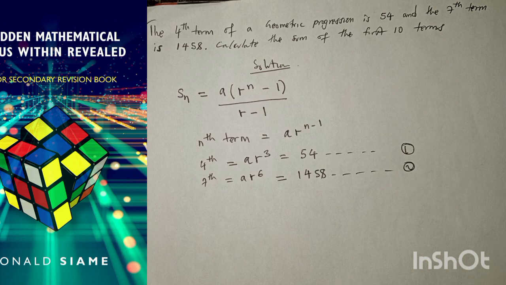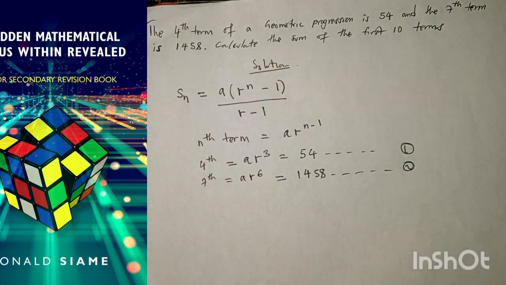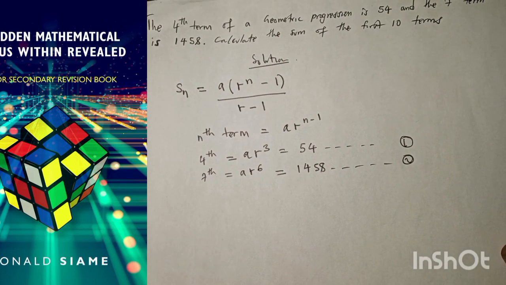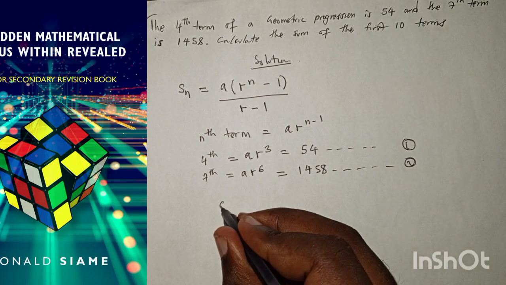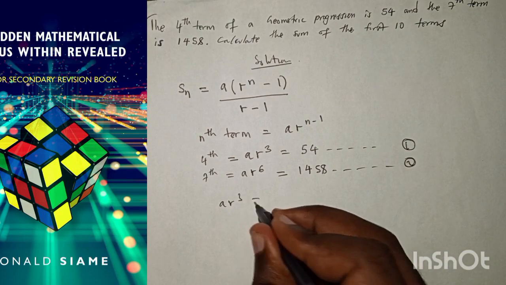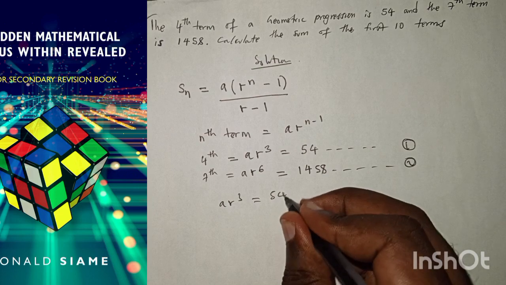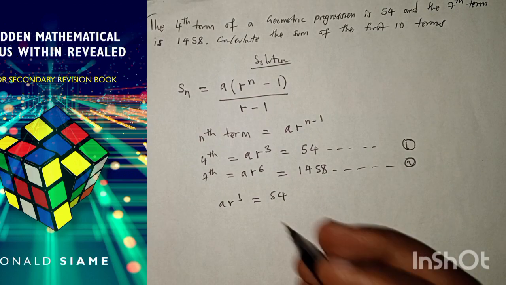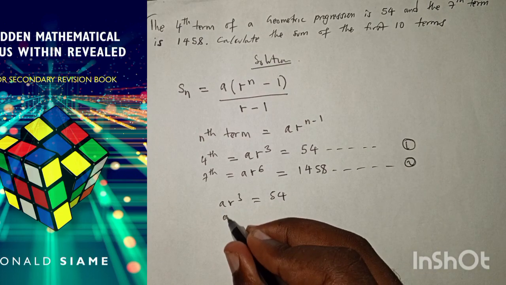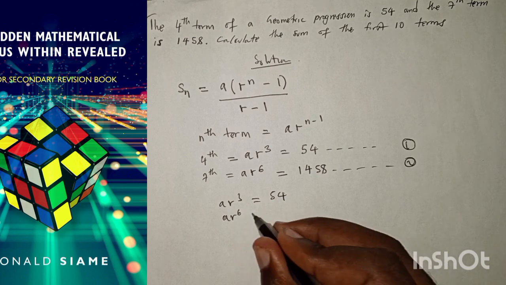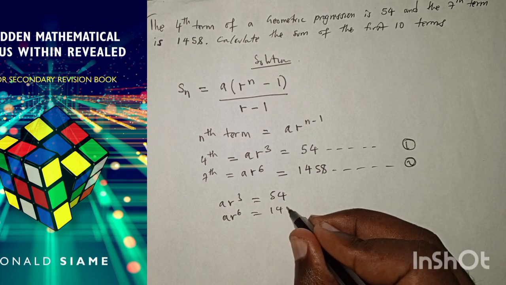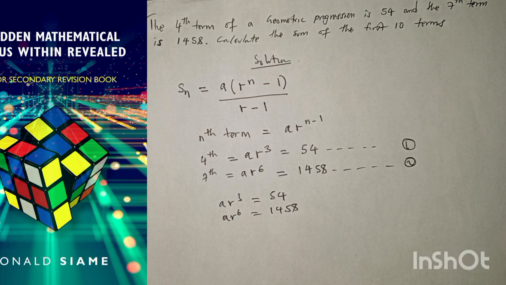So we are going to solve for A and r from the two equations simultaneously. Equation 1: A r to the power 3 is equal to 54. Equation 2: A r to the power 6 is equal to 1458.